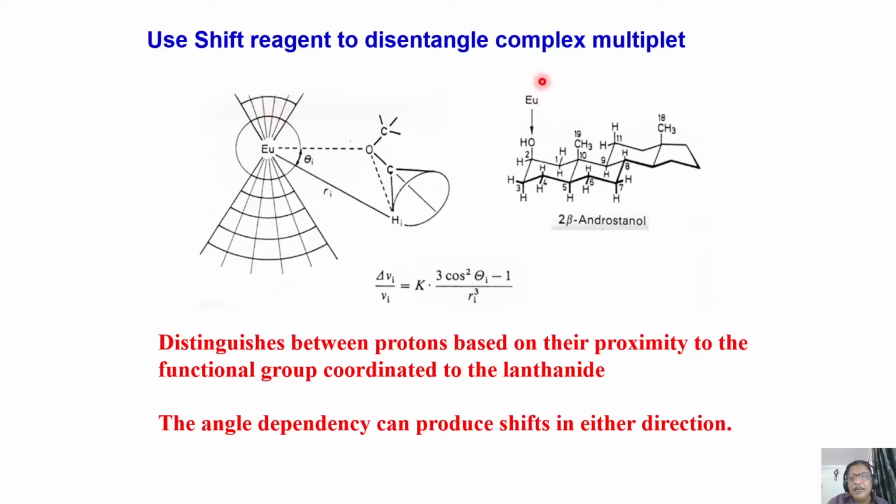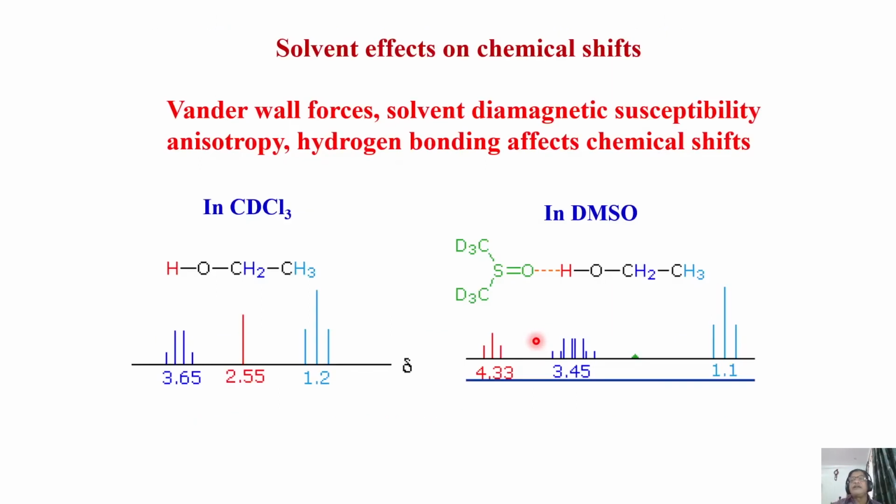Then what happens is it goes and attacks at this place, and it distinguishes the protons based on their proximity to the functional group when it coordinates with the shift reagent. This is a lanthanide complex. So all these effects you can utilize when we start analyzing the spectrum.